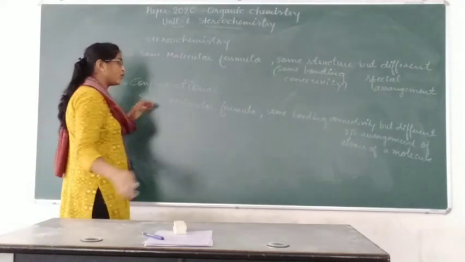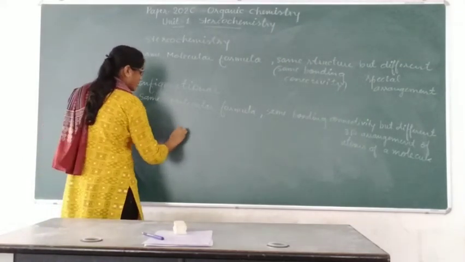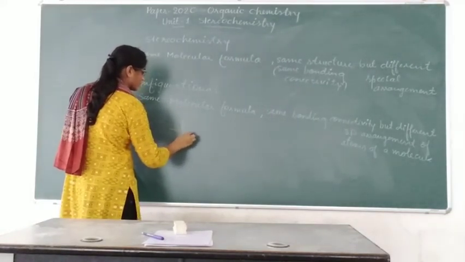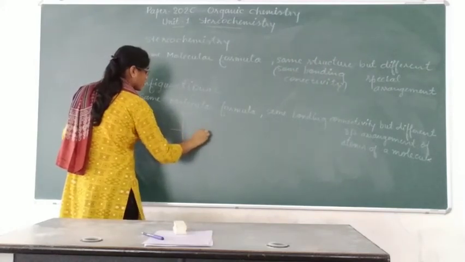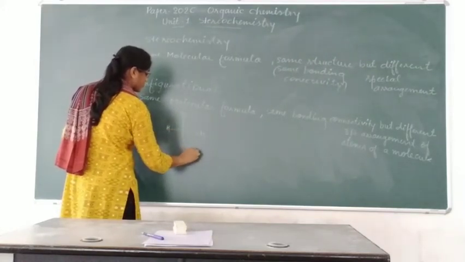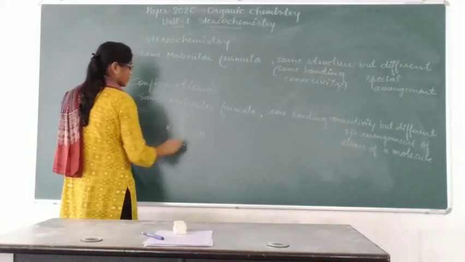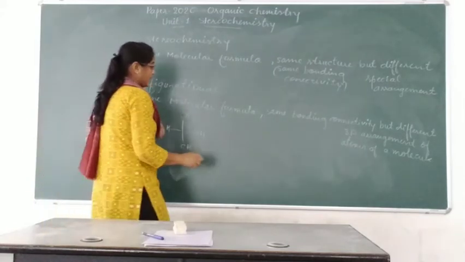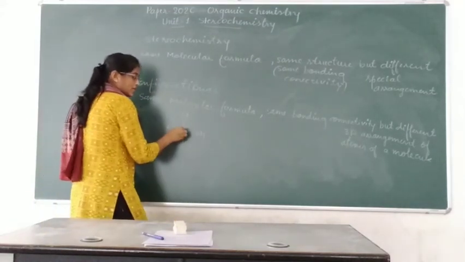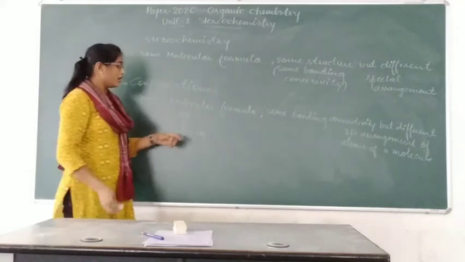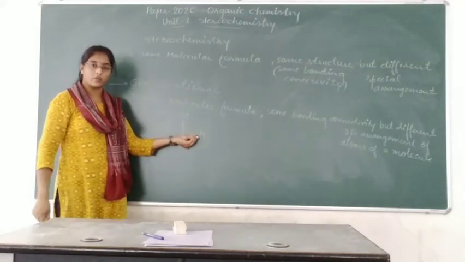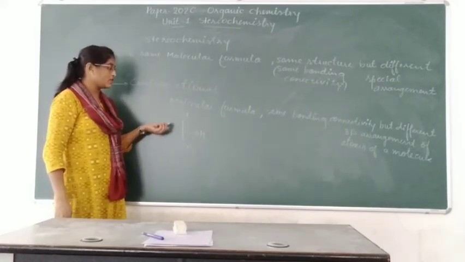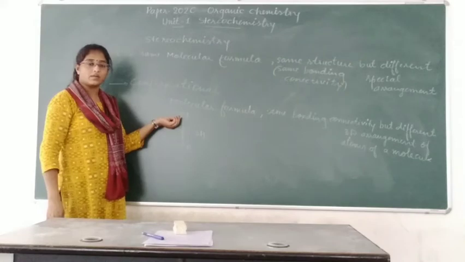Here same molecular formula, you all know very well. Right? So this is one structure, and same bonding connectivity means here the carbon is attached with one OH group, second with CH3, third with H and fourth with Cl.